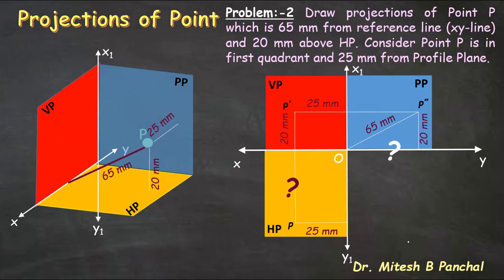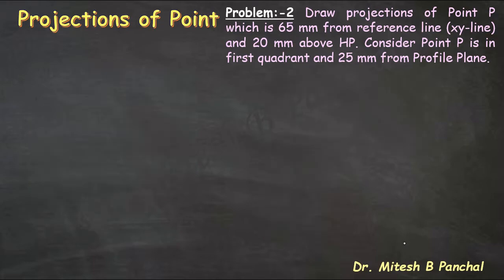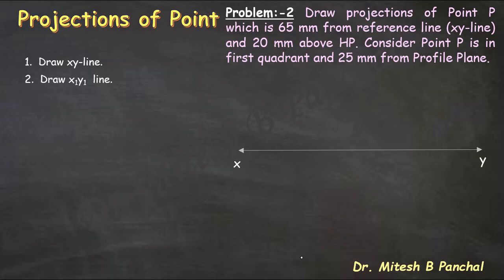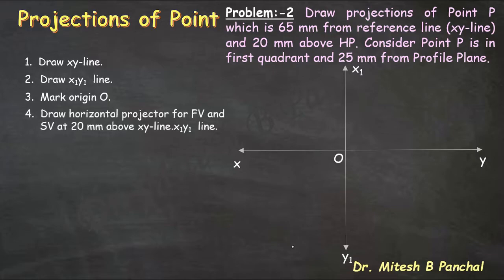Now the solution of this particular problem will be like this. First, draw XY line, then draw X1 Y1 line, and mark the origin, that is the intersection of XY and X1 Y1 line, as point O. Draw the horizontal projector for front view and side view at a distance 20 mm above X1 Y1 line.